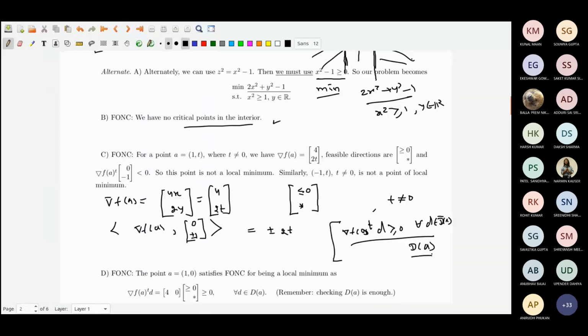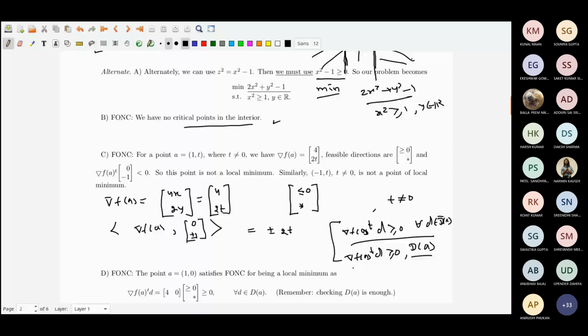Why? Remember the proof of this one. If grad f(a) transpose d is greater than or equal to 0 for every d in D(A), then it automatically becomes greater than or equal to 0 for the limit points. So I don't bother.